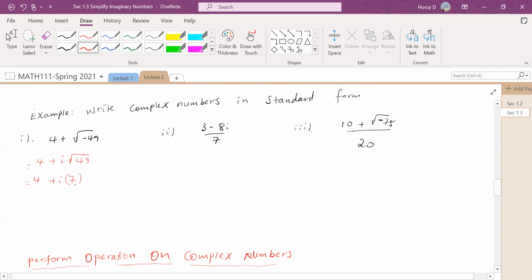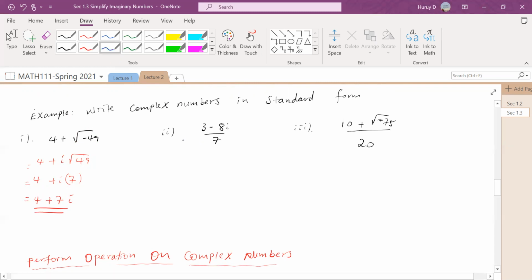Okay, so I have to rewrite this now. I mentioned earlier, when you have a square root, the i will be on the front side. But when there is no radical, then you bring the number in front. So this becomes 4 plus 7i. And this is the real part, this is the imaginary part, and this is the standard form.